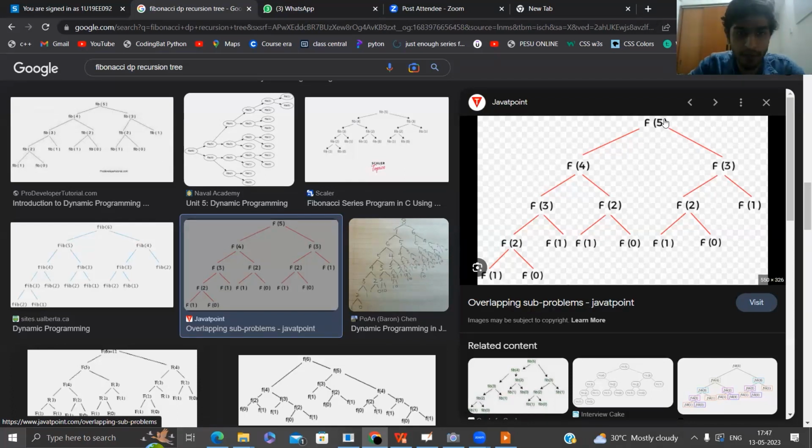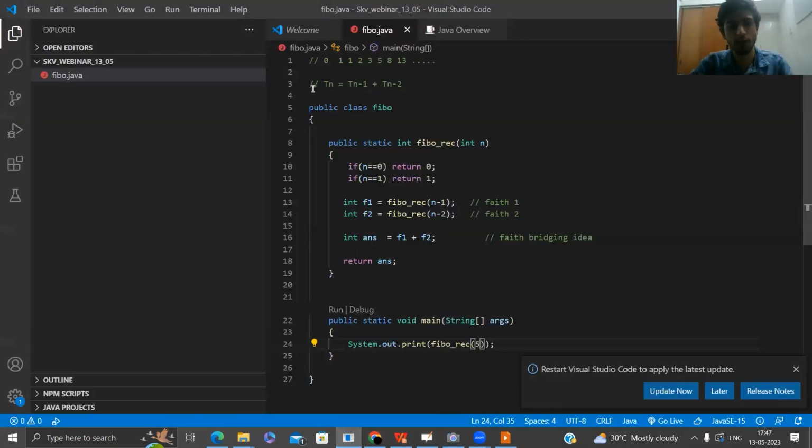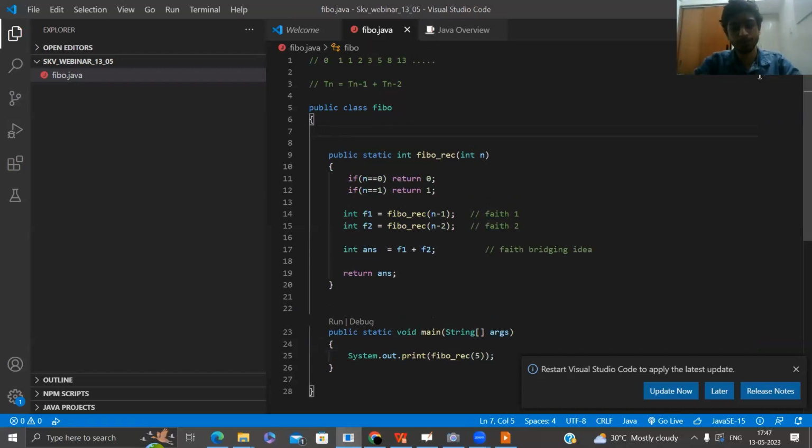If n is 5, the height is 5; n is 7, height is 7; n is n, height is n, right? And the number of calls branching off is 2, because we are making 2 calls. So the time complexity for this particular code is going to be 2 raised to the power of the height of the tree, which is n.